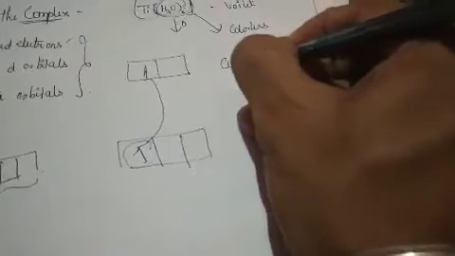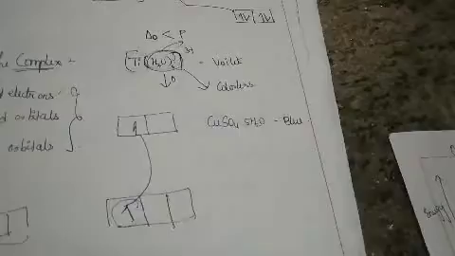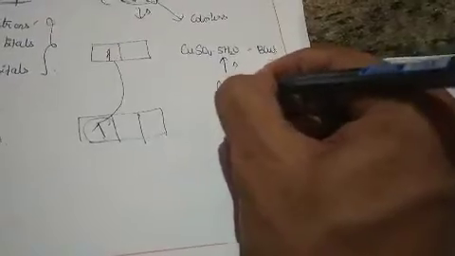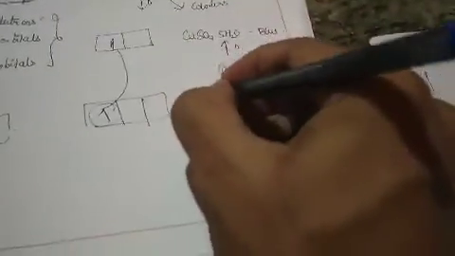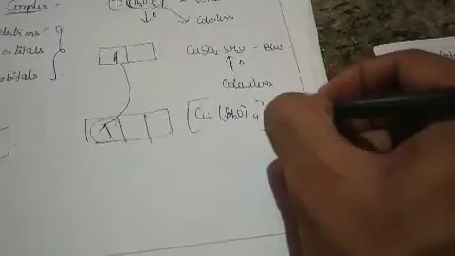Similarly, if I go with copper sulfate pentahydrate, we all know it has what color? Blue color complex or blue color salt. But when I heat it very strongly, it becomes colorless and is called anhydrous copper sulfate. Because if you just see, it is [Cu(H2O)4]SO4·H2O.